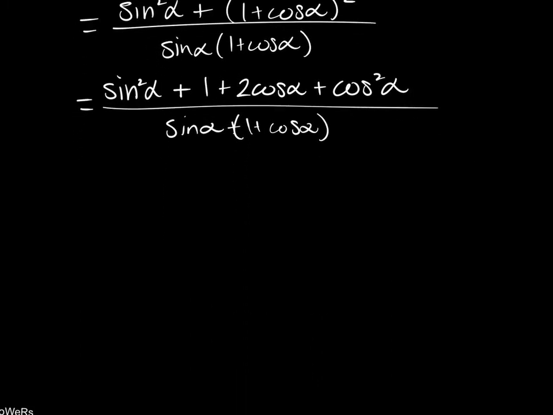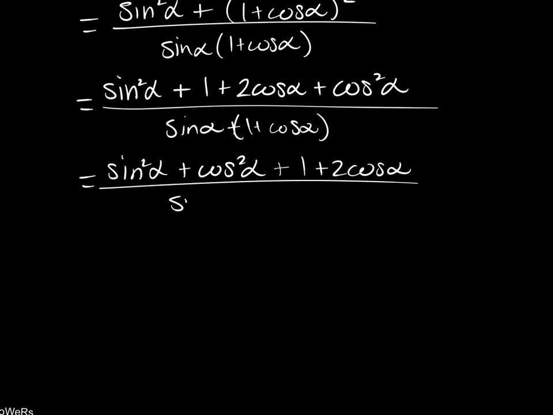From here, I need to combine like terms. So I'm going to move the cosine squared next to the sine squared, and then recopy everything else because that hasn't changed. And if you notice, this right here, sine squared alpha plus cosine squared alpha, is a Pythagorean identity, and it's equal to 1.